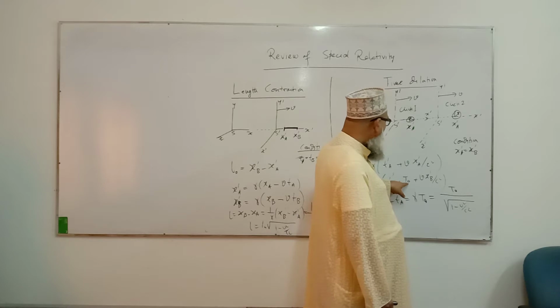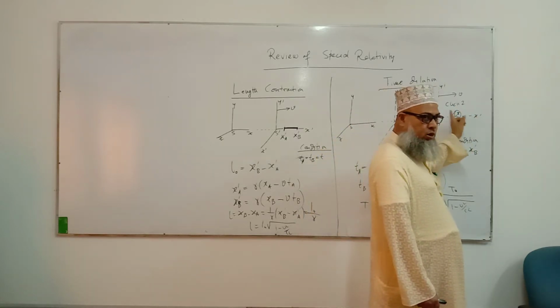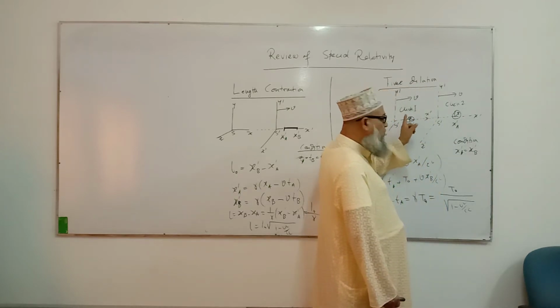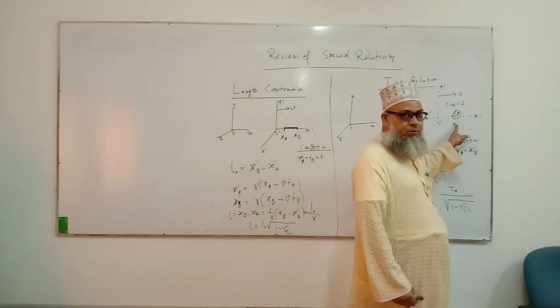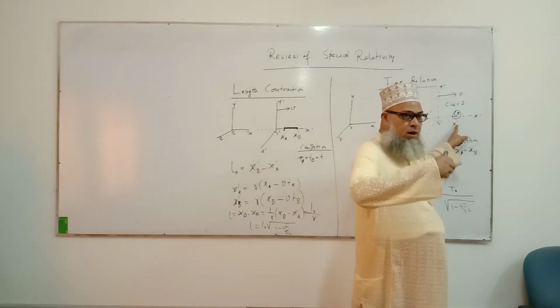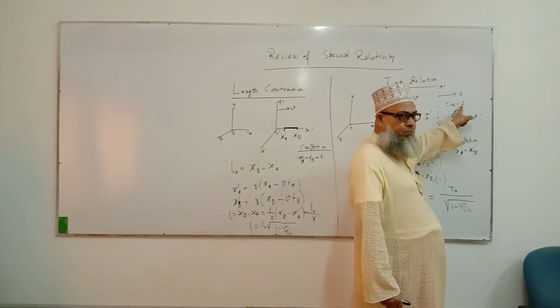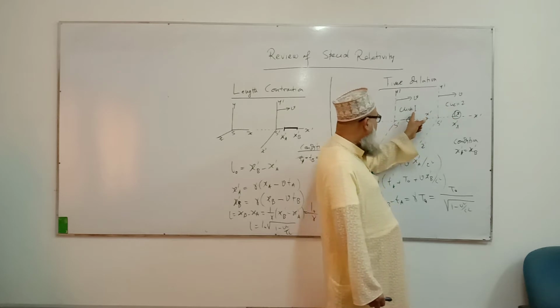After T naught it moves a little further, but since the clock is in S prime and at rest, x prime is the same. The clock remains stationary at the position x prime A and clicks the second time. The difference in time between click 2 and click 1 is T naught.